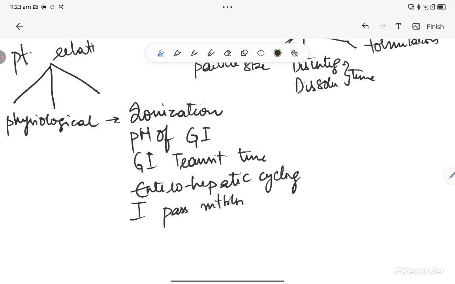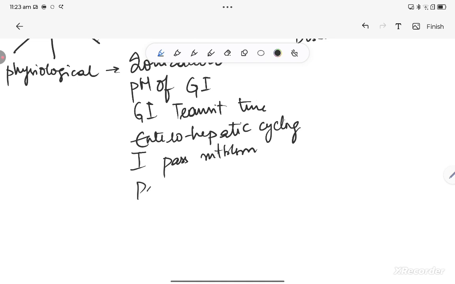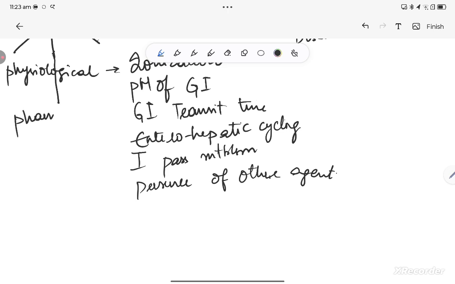In the same way, presence of other agents. This is physiological factors. In the same way, we have second important pharmacogenetics and pharmacogenomics.